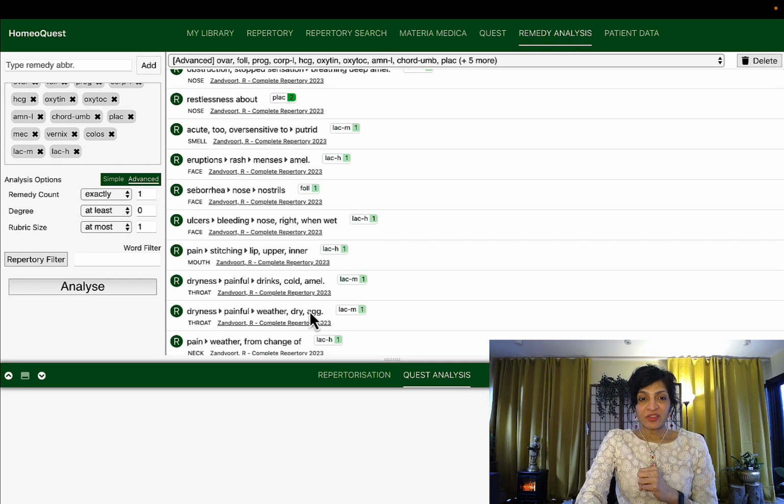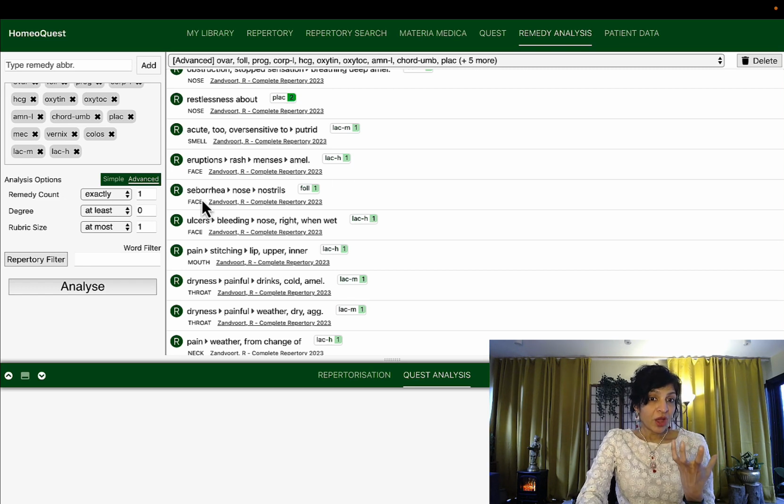Again, within the face, can you see that? If you have more of crusts and dryness of the throat, better by cold, you have lac maternum. It has a much more stronger action on the throat. No other Matridonal has it. But lac humanum, look at that. It has eruptions on the face, menses ameliorate, which means if you have acne before menses or any form of rash before menses, you have lac humanum.